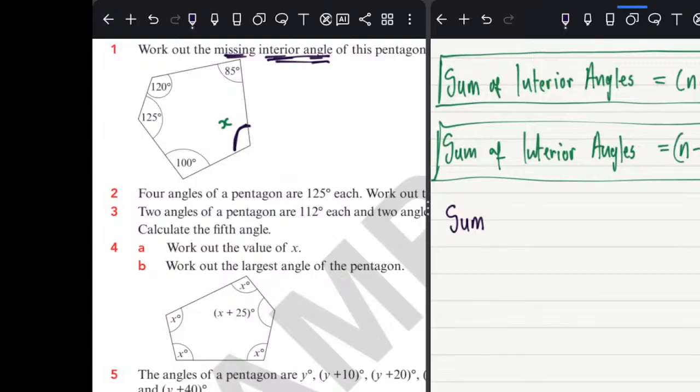Don't change. I don't want to see anything I didn't say there. I said sum of interior angles. Sum of interior angles will be equal to n minus 2 times 180 degrees.